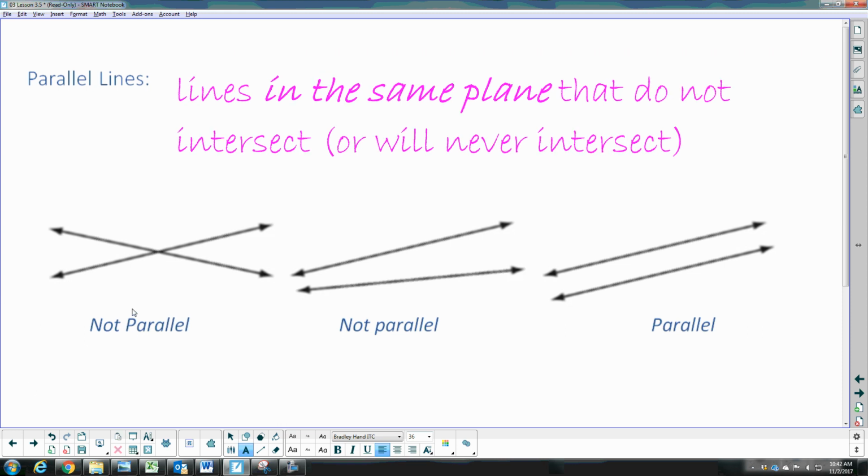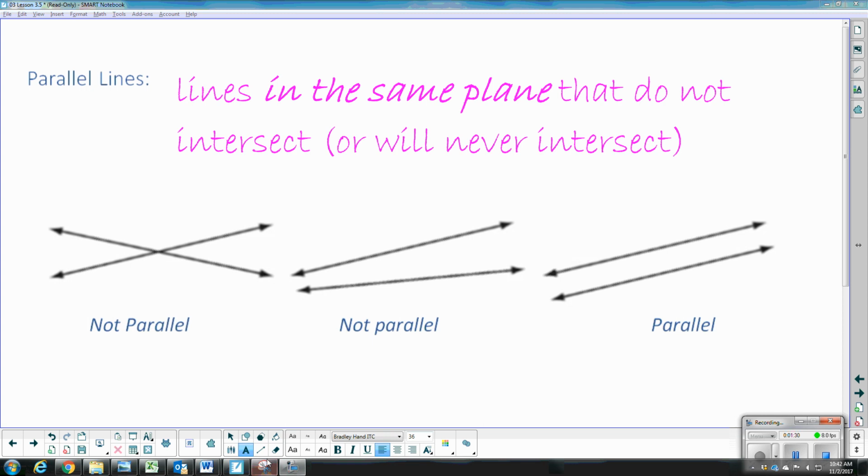So the first group, not parallel, you can see clearly that they intersect. The second one, even though they don't intersect in the diagram, it doesn't mean that they won't ever intersect. So eventually they're going to intersect. You can tell eventually they're going to intersect. And then thirdly, they're parallel, they are never going to intersect.